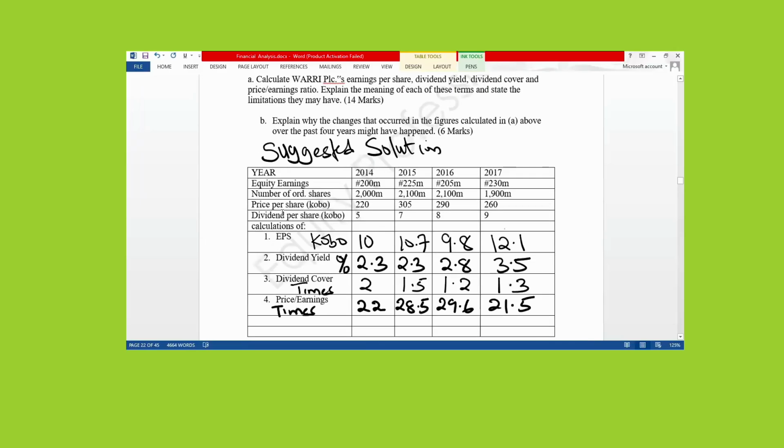Look at the share price. In 2014, 220. In 2015, 305. The company share price increased from 220 kobo to 305. What could have been the reason? We are not sure.